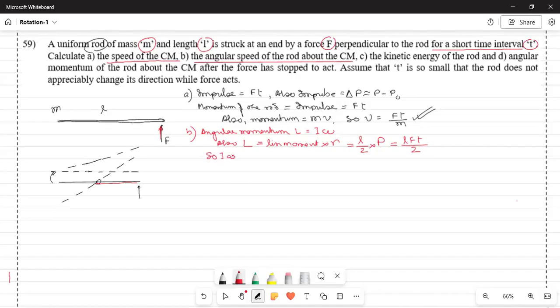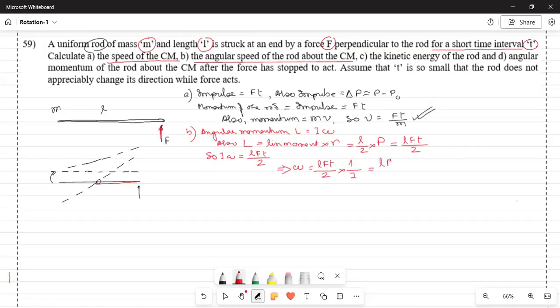From here we get omega, which they want us to find. Omega equals L Ft by 2, divided by I, the moment of inertia.